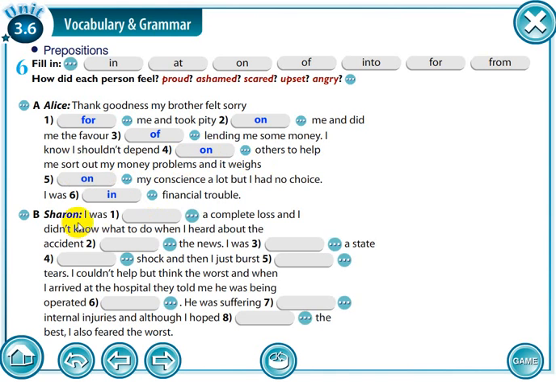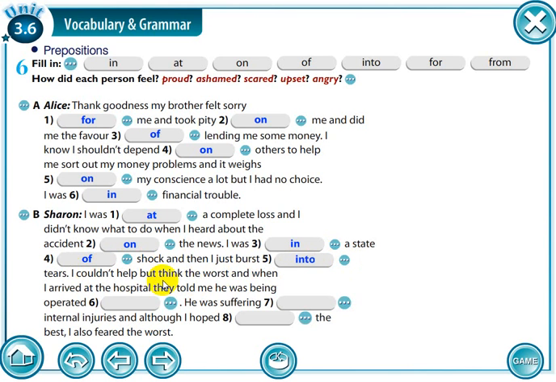Sharon: I was at a complete loss, and I didn't know what to do when I heard about the accident on the news. I was in a state of shock, and then I just burst into tears.